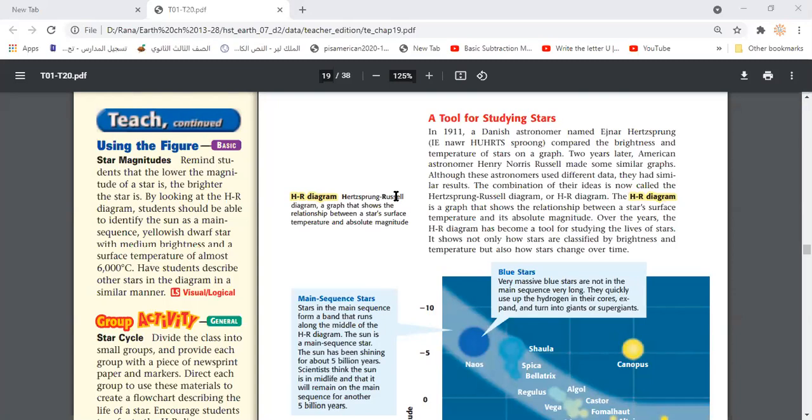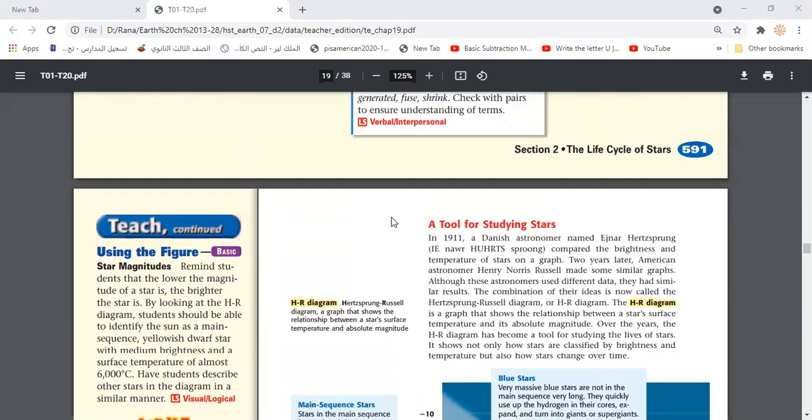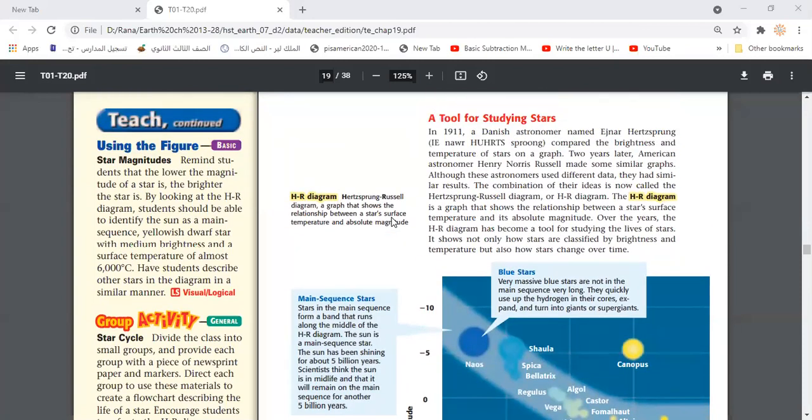It becomes a white dwarf in its final step. Yes, a white dwarf star, which is considered to be a small hot star. Okay, so it's going to be a white dwarf star.